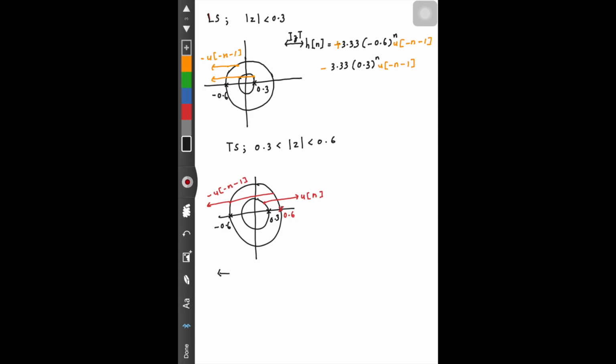Hn is the inverse Z transform of Hz. 0.6 approaches to the left, so it is minus u[minus n minus 1], and this one becomes plus u[minus n minus 1]. 0.3 approaches to the right, so the function is u[n].